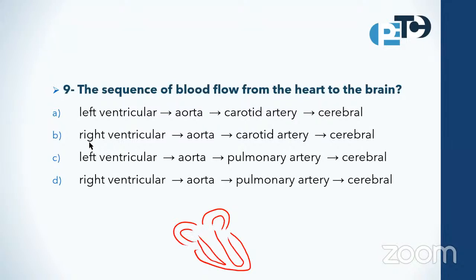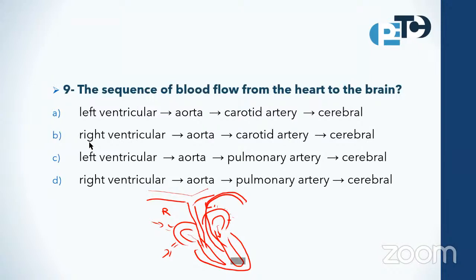The blood comes from the body through the superior and inferior vena cava to the right atrium, then through the tricuspid valve to the right ventricle, then the pulmonary artery to the lungs for oxygenation, then back to the heart through the pulmonary veins to the left atrium, then through the mitral valve to the left ventricle, then through the aorta to other parts of the body.